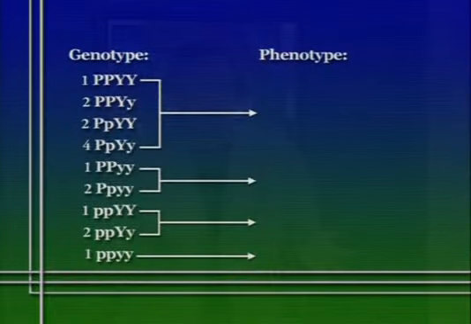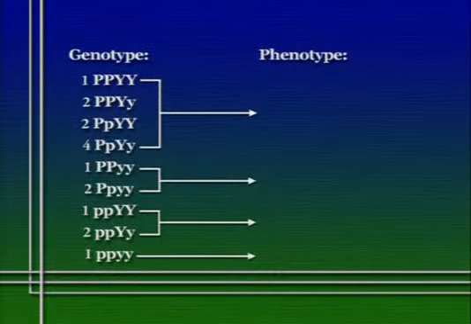For example, let me try to make this clear by giving you some specific numbers. If you had two genes on different chromosomes and you did a dihybrid cross, such as we did with flower color and seed color, and you sampled some individuals in the F2 generation, let's say you looked at about 160 individuals, you'd expect a 9 to 3 to 3 to 1 ratio.